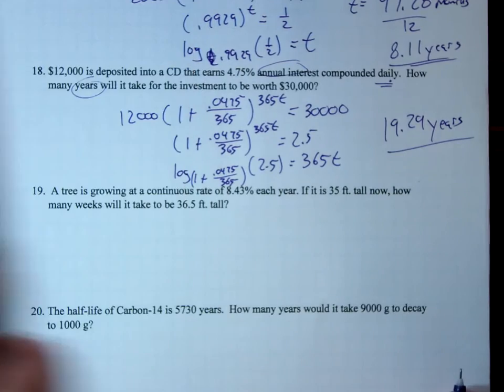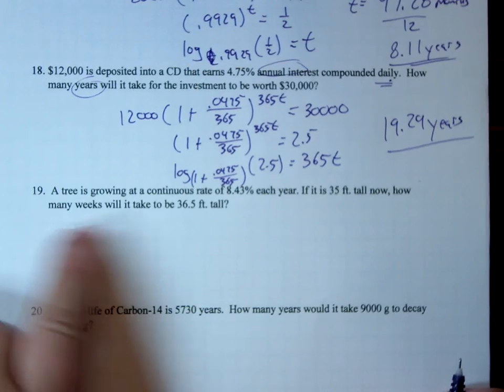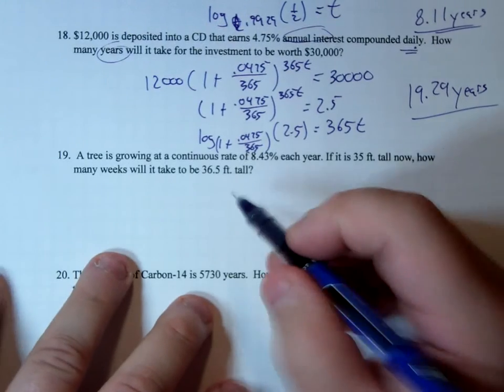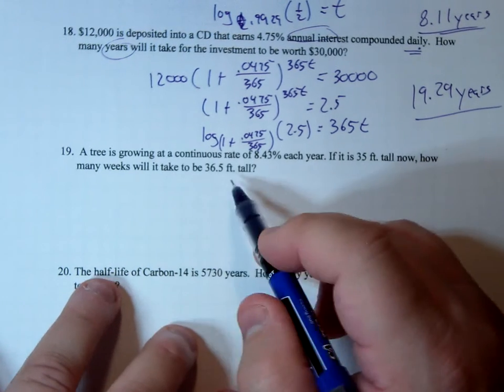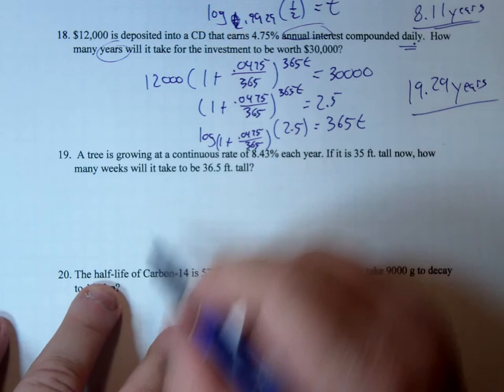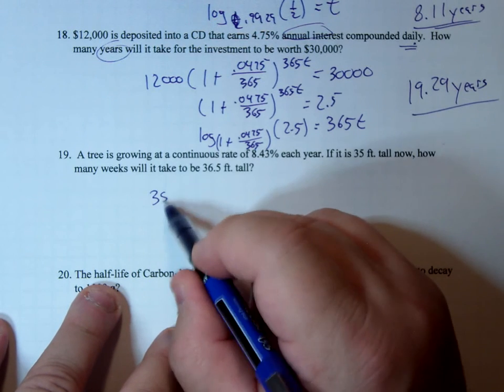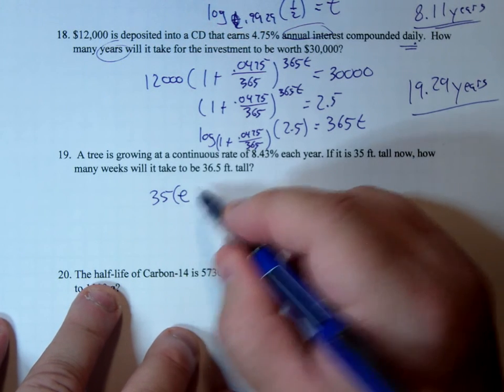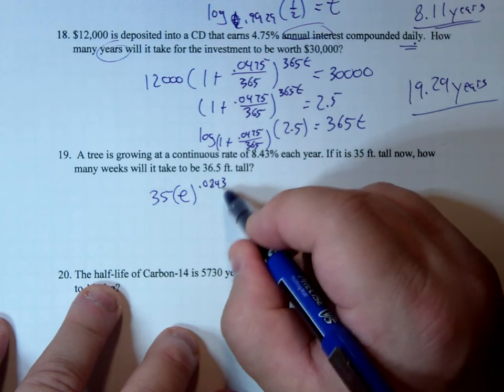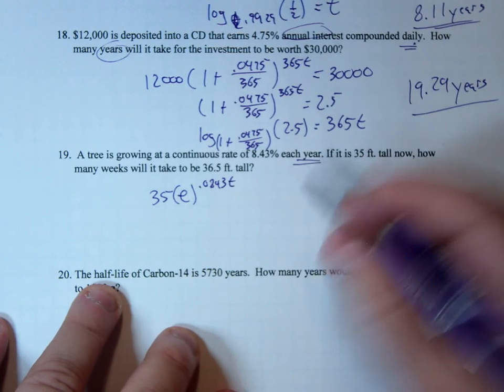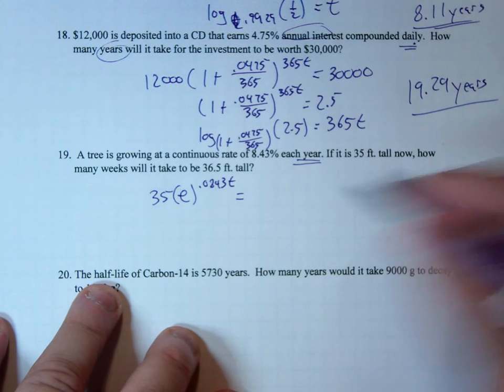Alright, a tree is growing at a continuous rate. If it is 35 feet tall now, how many weeks will it take it to be 36.5? So it is 35 feet. Continuous is e to the rate 0.0843 t power, which will give us years, equals 36.5.